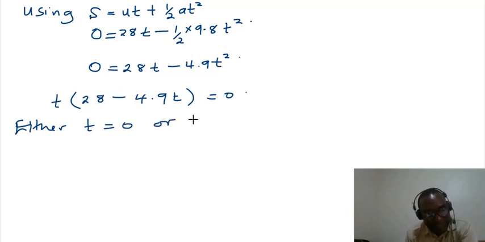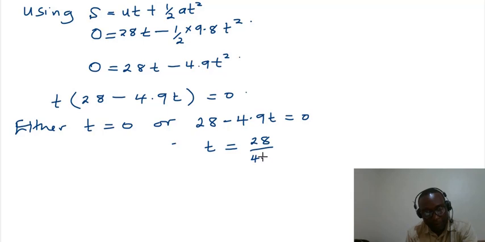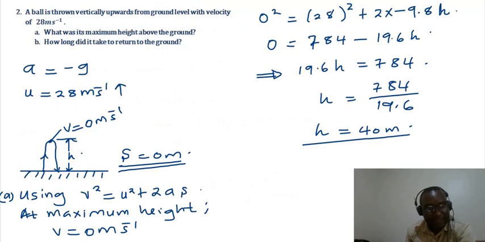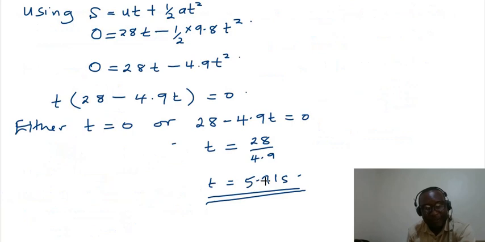Solving 28 minus 4.9t equal to 0, t is equal to 28 divided by 4.9, and t is equal to 5.71 seconds. At the point of projection, t is equal to 0. So when it moves from here to here, t is going to be 5.71 seconds.